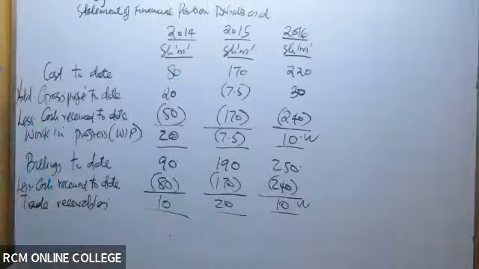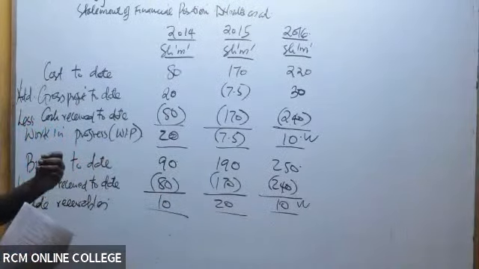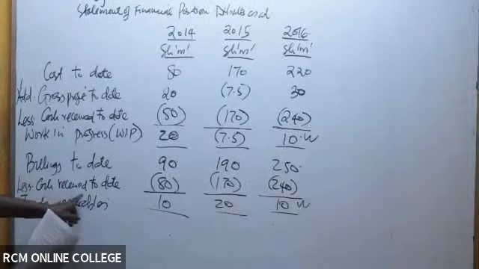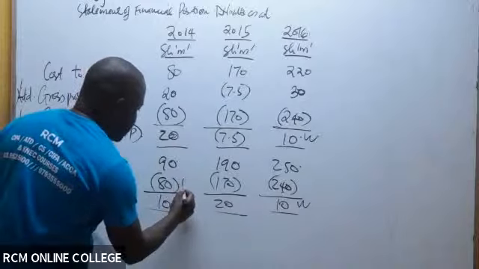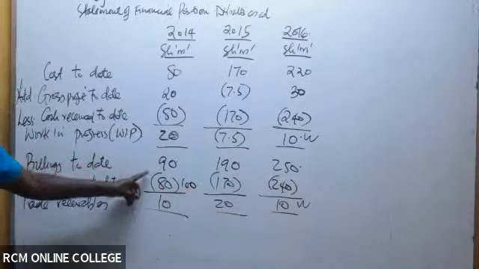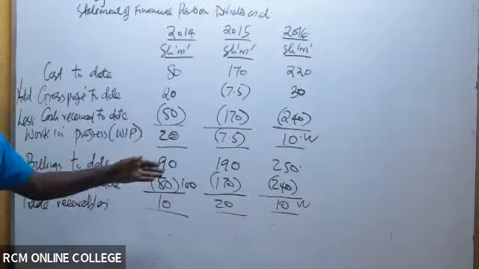It will be a trade payable, because it means the contractor would have been overpaid. So he would have received a lot of cash. Let's say, for example, he had received 100 million, so there would have been a negative of 10. So the client actually paid him in excess, and the client is claiming 10 million from him.